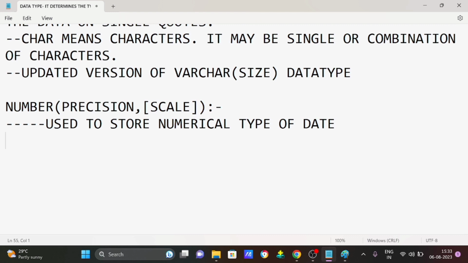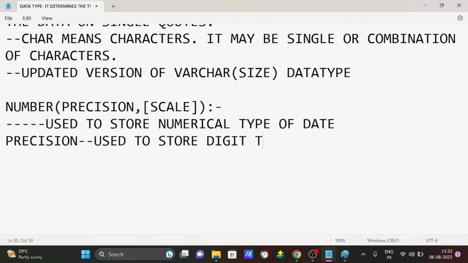Firstly, precision is used to store digit type, just like for example 0, 1, 2, 3, 4, 5, 6, like this.